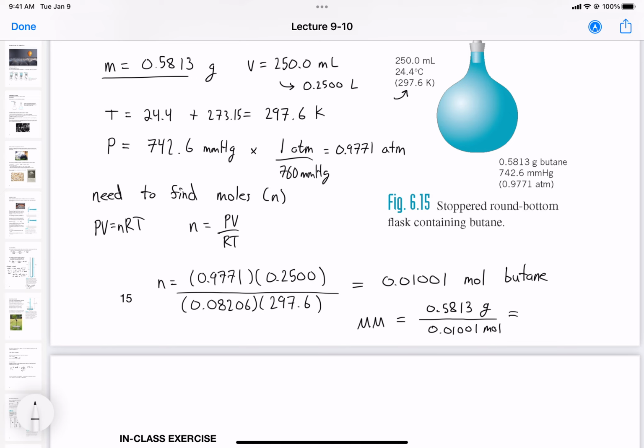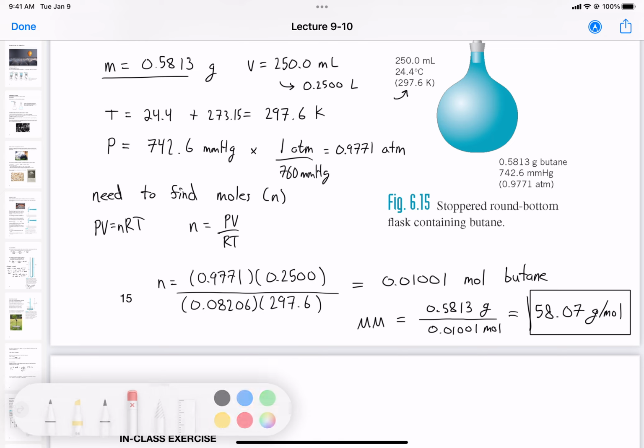We will get 58.07 grams per mole. So there you go. There we have it. That's the molar mass of butane in our sample.